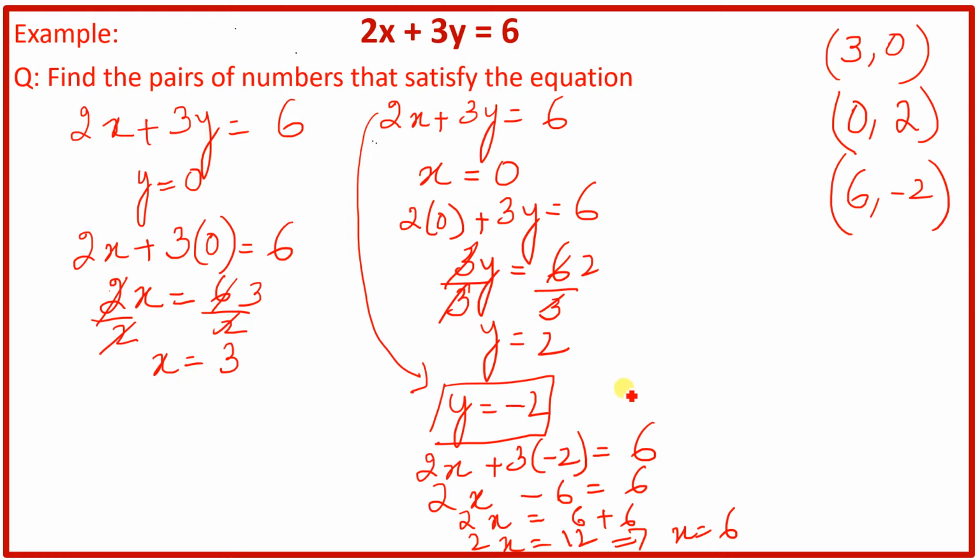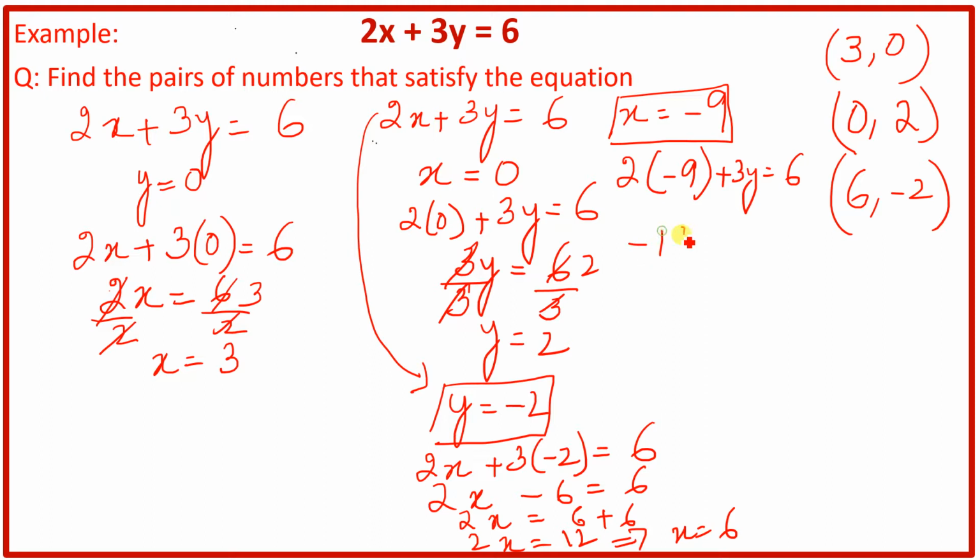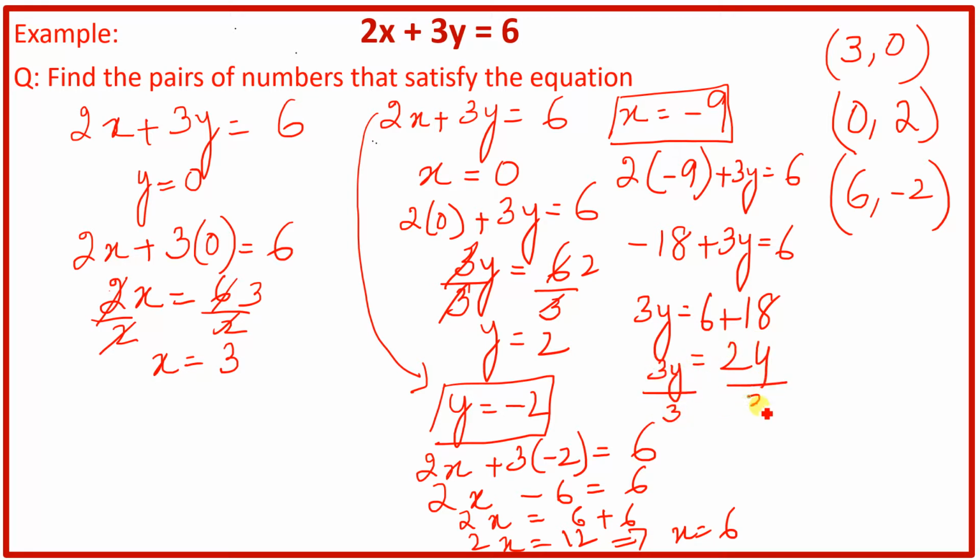One more time, any arbitrary value. Suppose now we say x is equal to -9 in the same equation, then you can find out the value of y. So 2 into -9 plus 3y is equal to 6. So -18 plus 3y is equal to 6, or 3y is equal to 6 plus 18, which is 24.